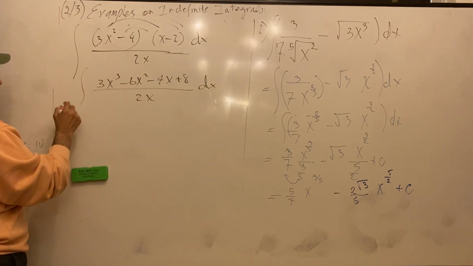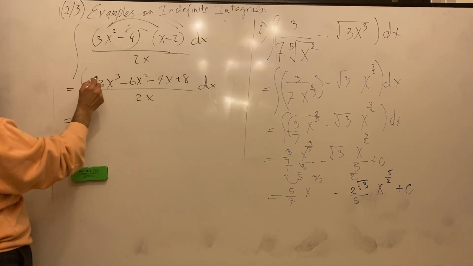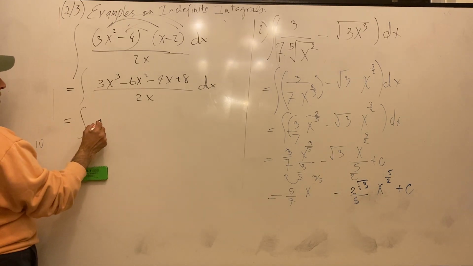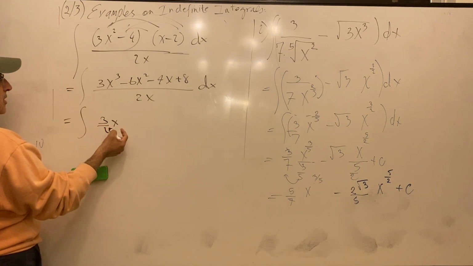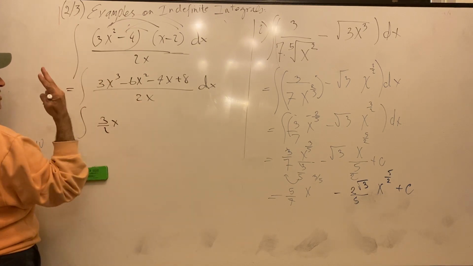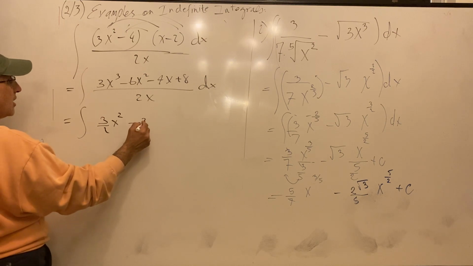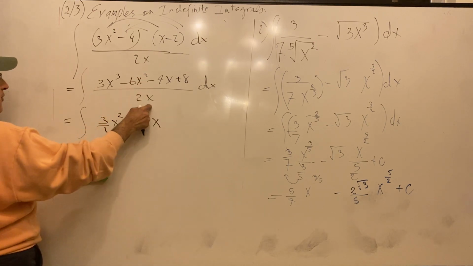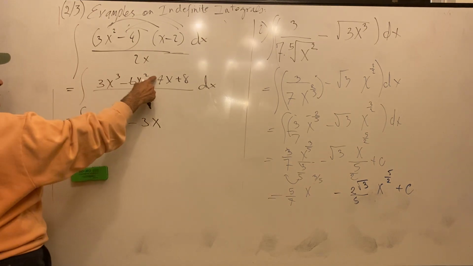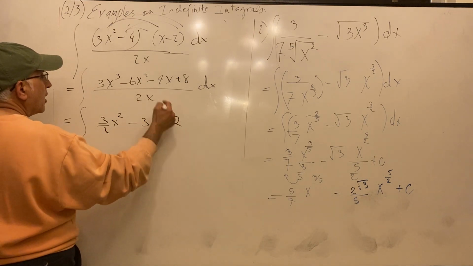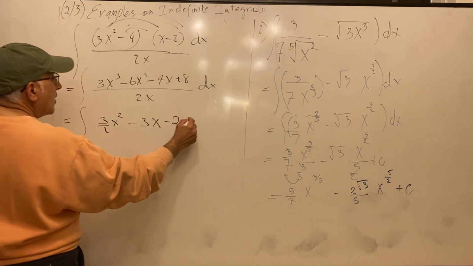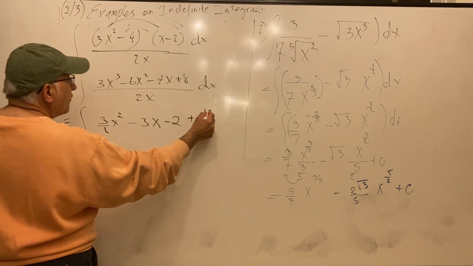Can I simplify further? Yes, I can. How? This divided by this is 3 over 2 x squared. Why? X cubed over x is x squared. 6 over 2 gives negative 3 times x. Why? X squared over x is an x. Minus 4x over 2x is a minus 2. X over x, they go away. And at the end, 8 over 2x is 4 over x.